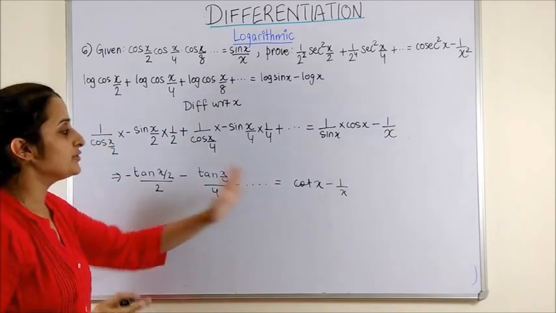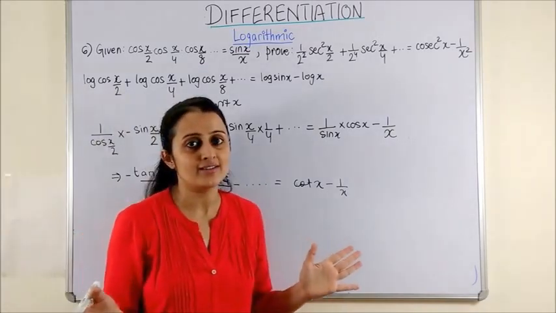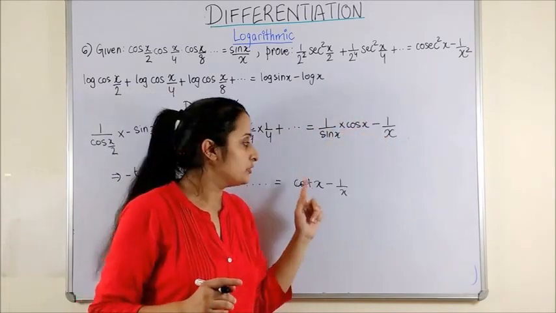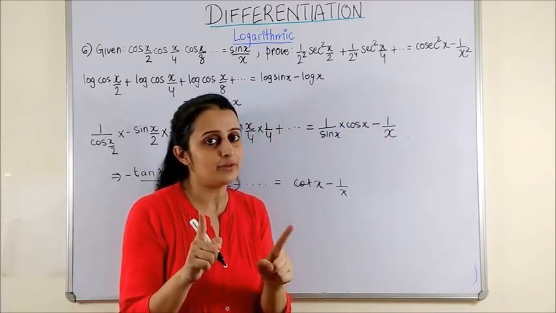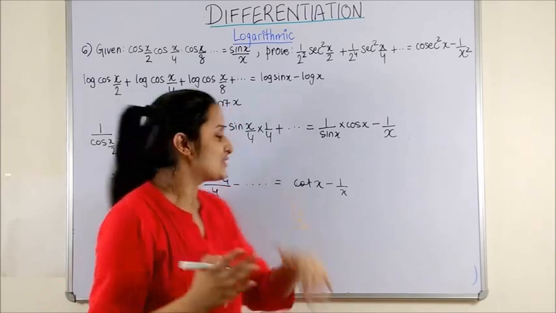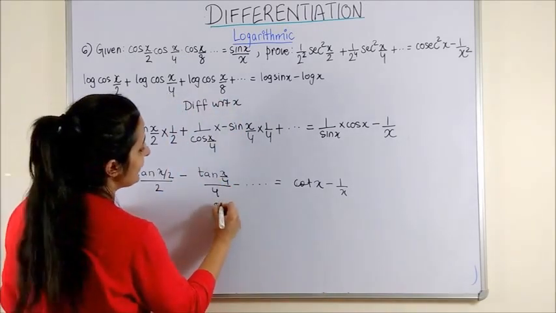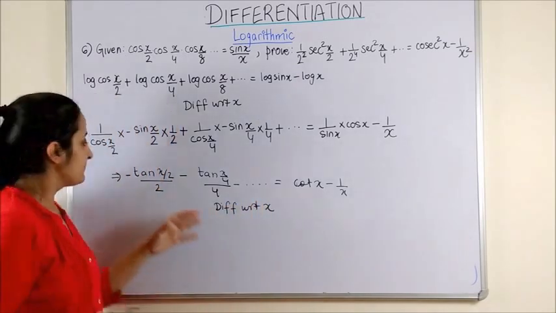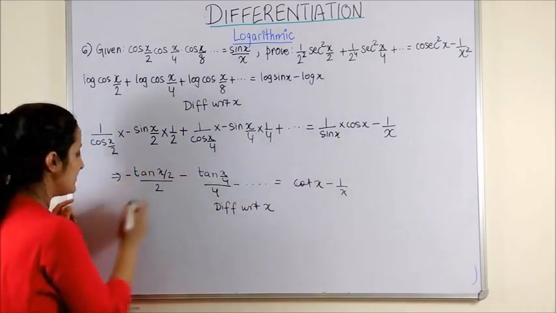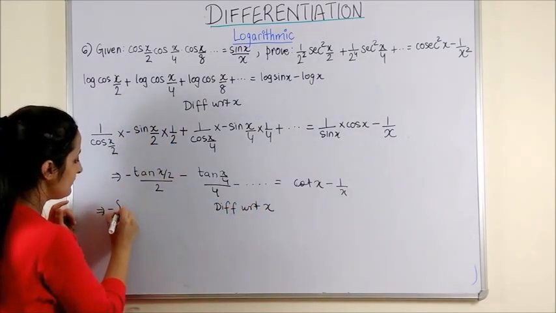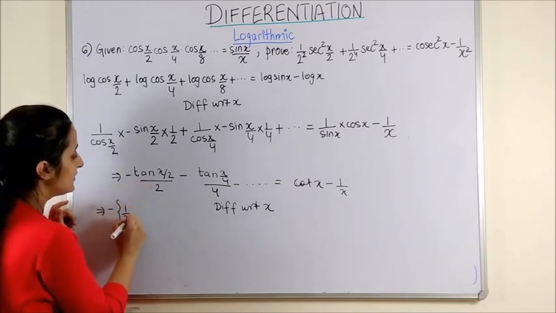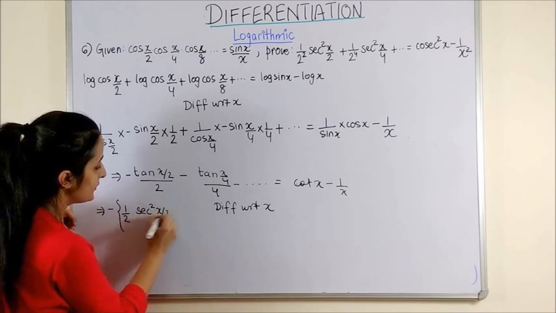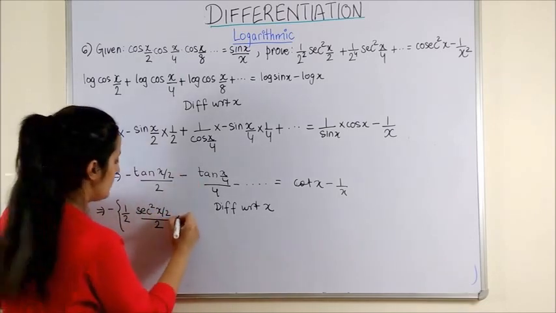Now if you look at it, you still haven't reached the answer, but if you compare it with your solution, if you take the derivative one more time, you'll be sorted. So let's differentiate the entire thing with respect to x. Again, I can take this minus sign common and we are left with the derivative of tan x by 2, which is secant square x by 2 upon 2.